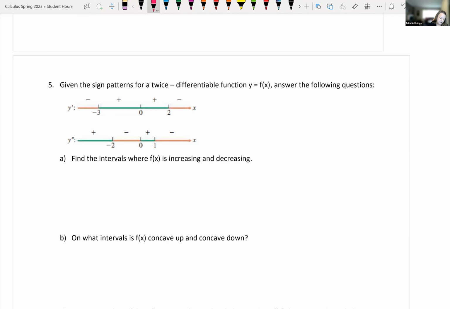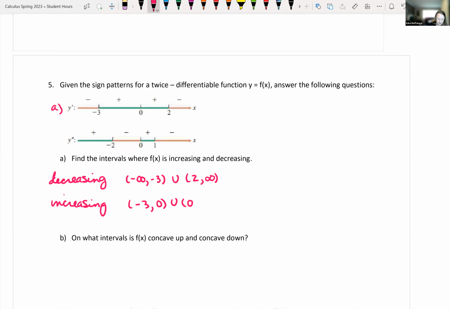So it's decreasing from negative infinity to -3, because our derivative is negative there, union 2 to infinity. It's increasing where our first derivative is positive. So it's increasing from -3 to 0, and then union 0 to 2.